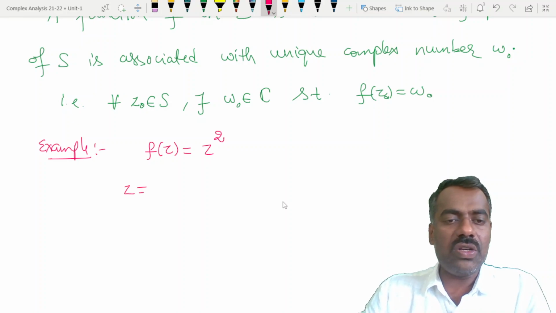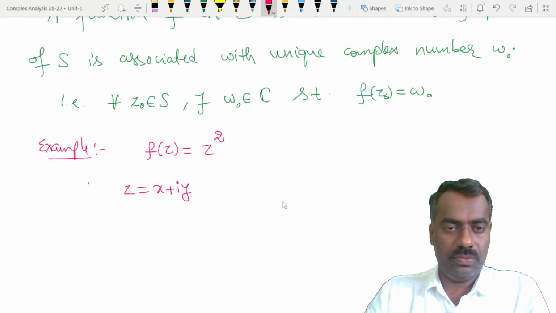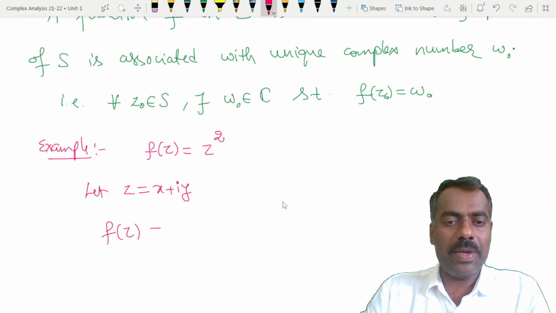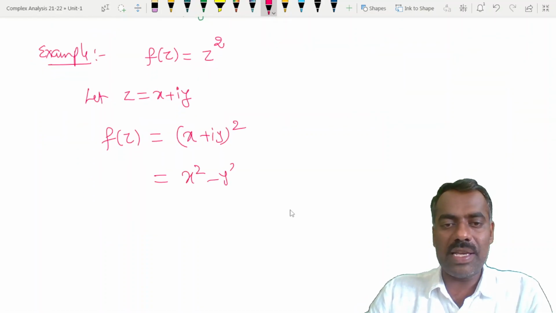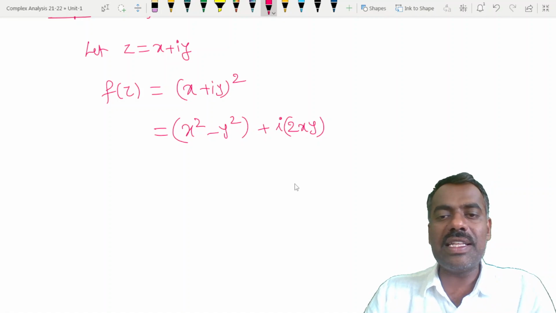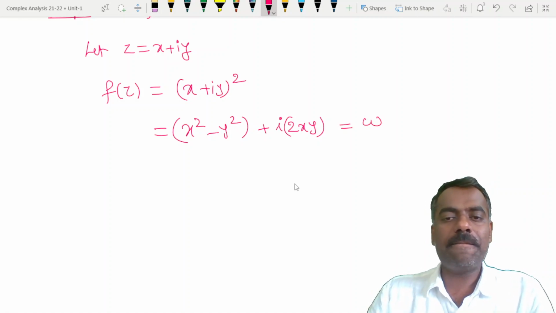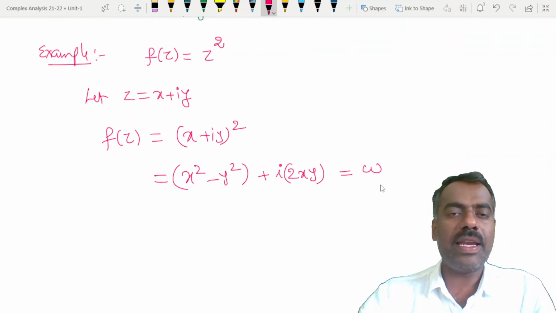If you take z equal to x plus iy, we will find what it is mapped to, what your w is. Substituting, f of z becomes (x plus iy) whole squared, which we have already seen is the same as x squared minus y squared plus i times 2xy. So this is nothing but your w. Are you following? This is the real part and this is the imaginary part, right?